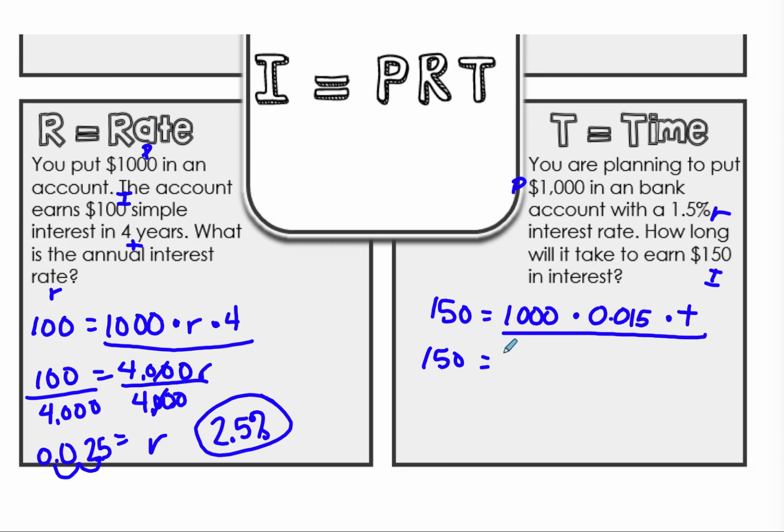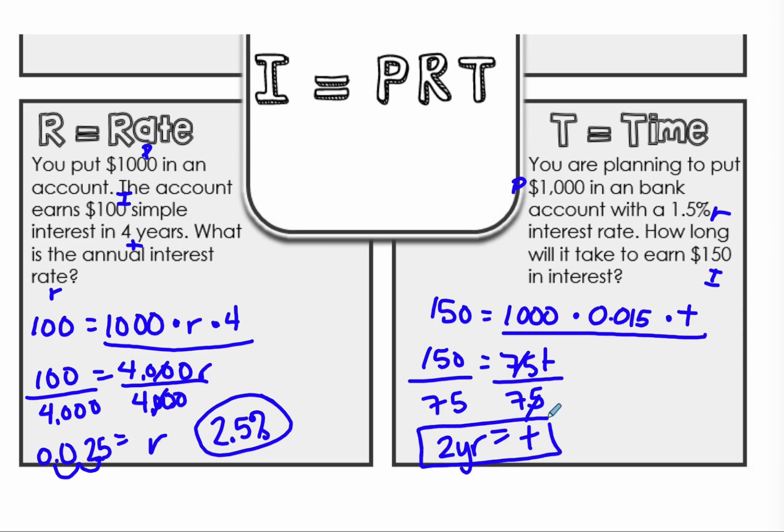So we get 150 equals 75 t, and then we divide both sides by 75. 75 divided by 75 is t. 150 divided by 75 is 2. Label for time is always going to be years.